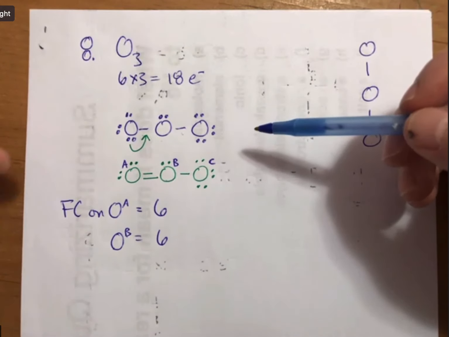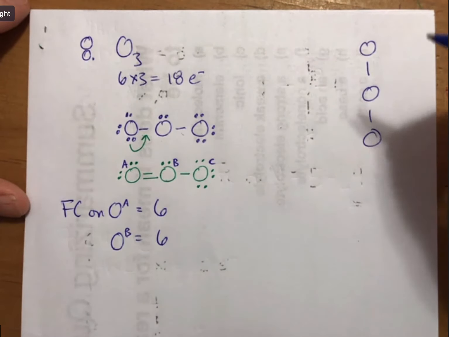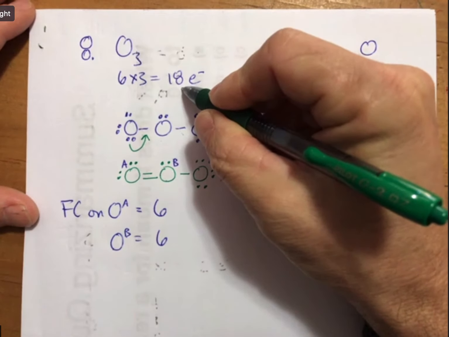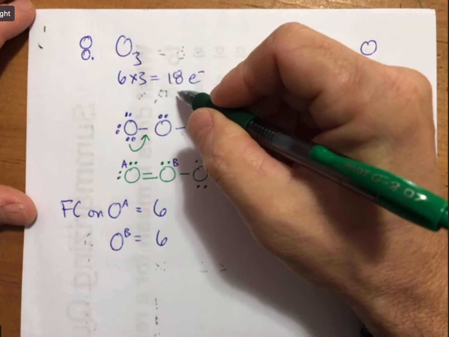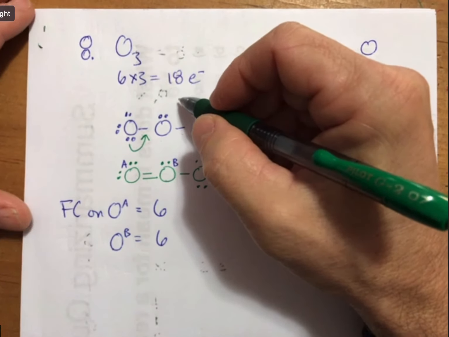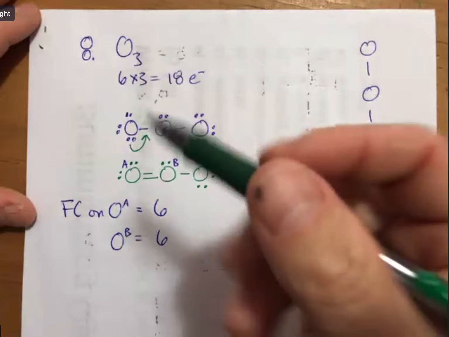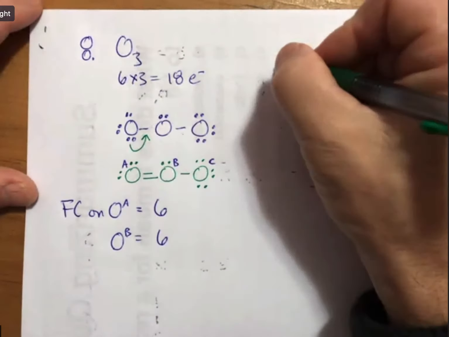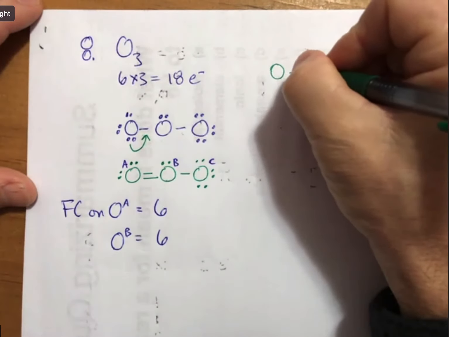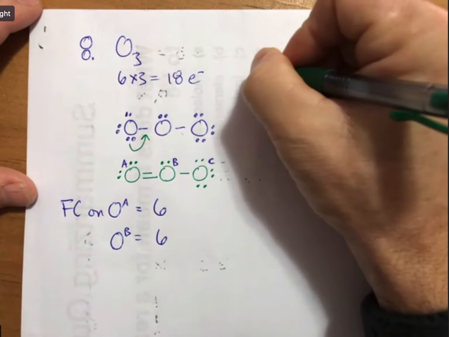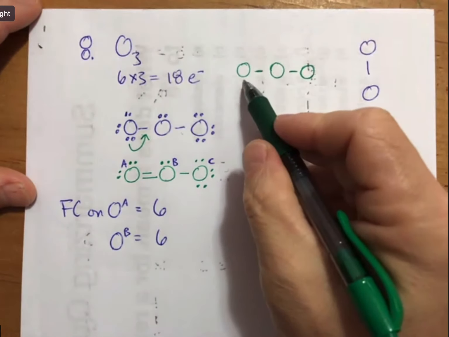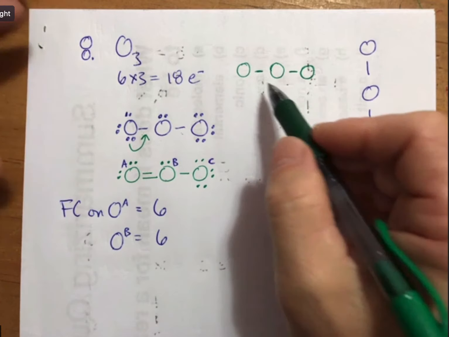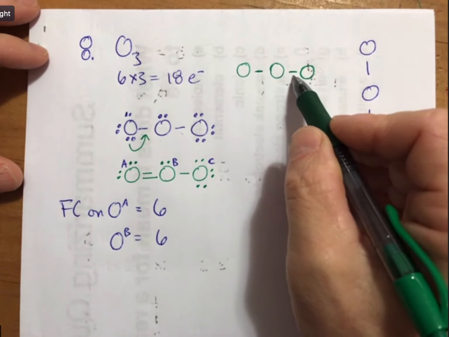Okay. According to our process or guidelines, I'll go back here. So we know we have 18 electrons in here. And our process says put the least electronegative atom in the center. They're all the same, so we're going to put an O in the center, and then connect it to the other atoms. So far, so good. This is the only way that it could be. And we've got 4 electrons.